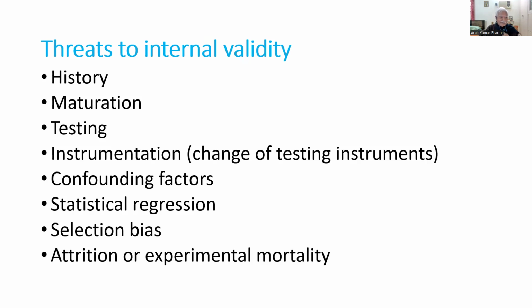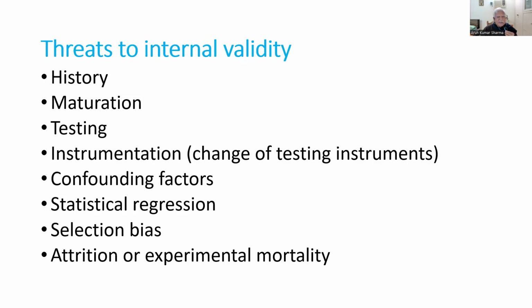So sometimes you attribute your experimental findings to independent variables, but actually they may show maturity. Similarly, testing. Testing means when you take measurements 3, 4 times, then if the instrument is not the same, or there is some kind of learning between participants and instrument, then also results will be affected.